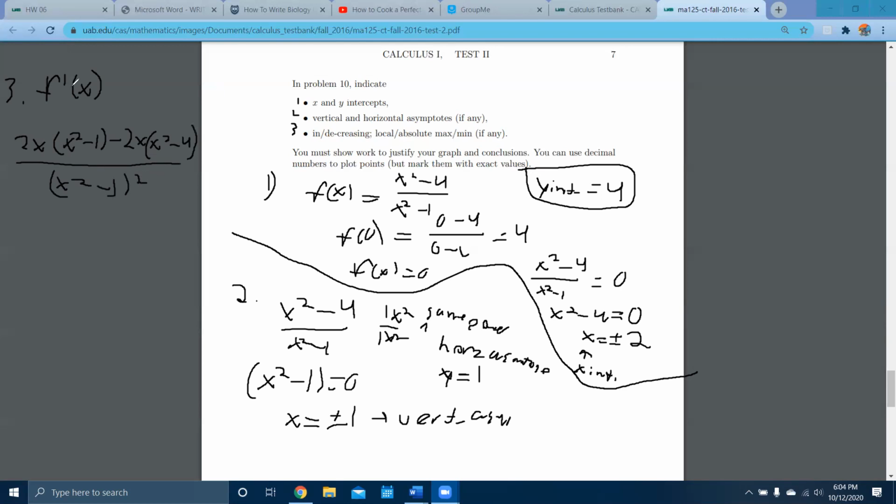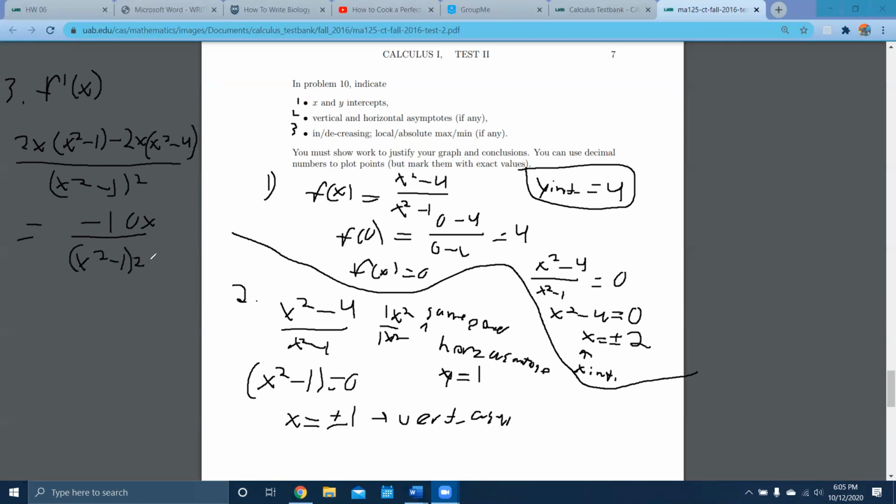Okay. And it's messy a little bit, but it simplifies to negative 10x over x squared minus 1 squared.